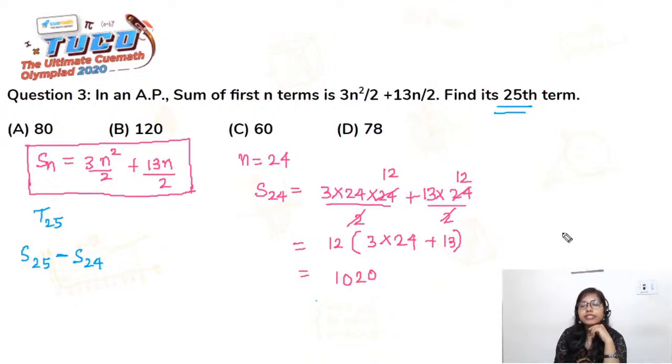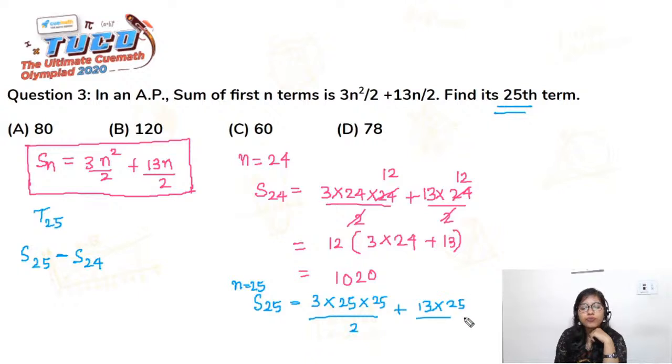Now, similarly, we are going to calculate the value of S25 as well. So here goes our S25, which is nothing but 3 times, we are going to substitute the value of n as 25 this time, so 3 times 25 squared over 2 plus 13 times 25 over 2.